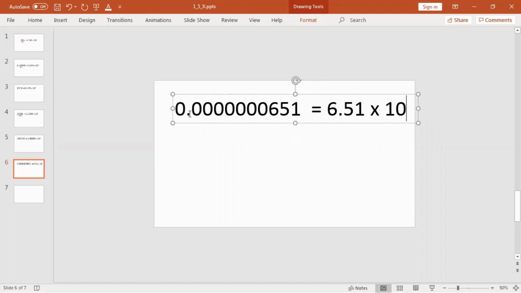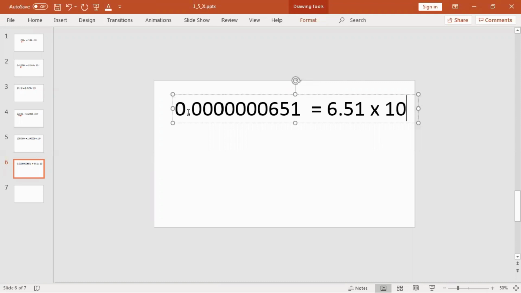So the hard part, first off, let's determine how many significant figures there are. The number to the left of the decimal point is a 0, so that doesn't count as a significant figure.